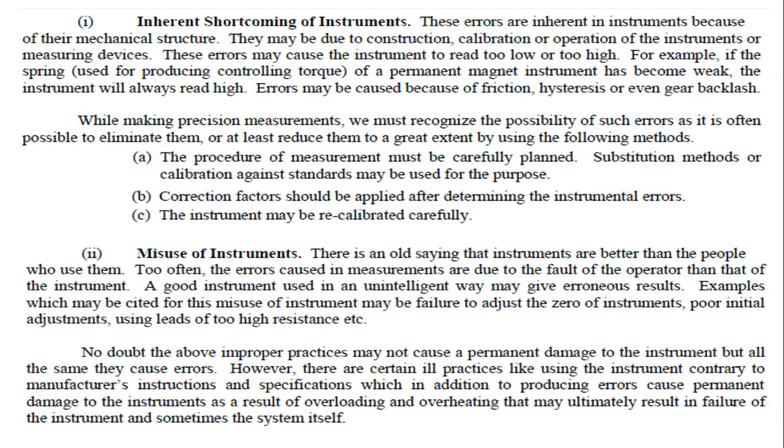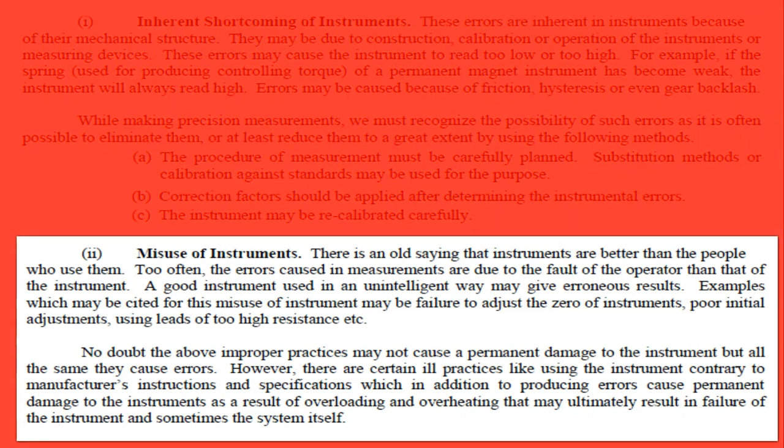Next, misuse of instrument. The second reason for instrumental error is misuse of instruments. Misuse is nothing but not adjusting the zero of instruments. For example, when you are doing experiments, sometimes the pointer will be pointing above 0 or below 0.